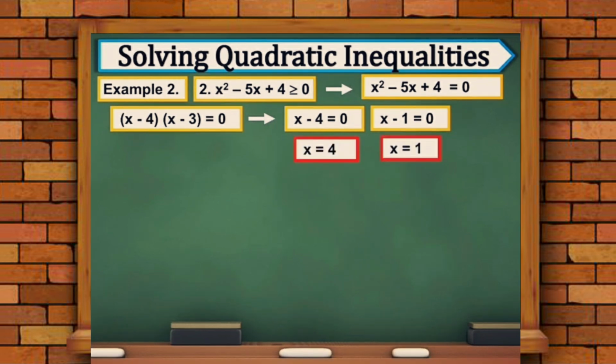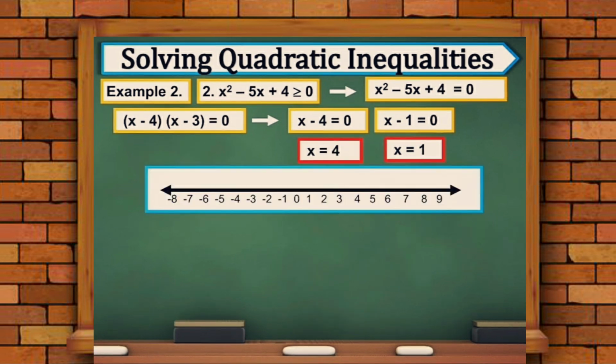Apply zero product property. X minus 4 is equal to 0 and x minus 1 is equal to 0. Solve the value of x using addition property of equality. Add both sides by 4 and 1 respectively. So, x is equal to 4 and positive 1.